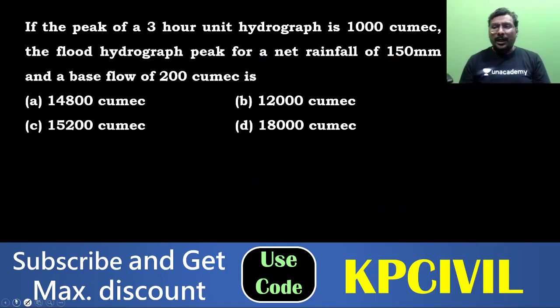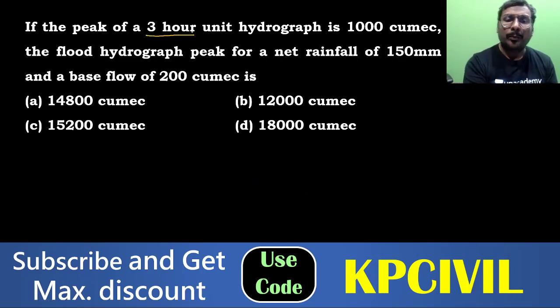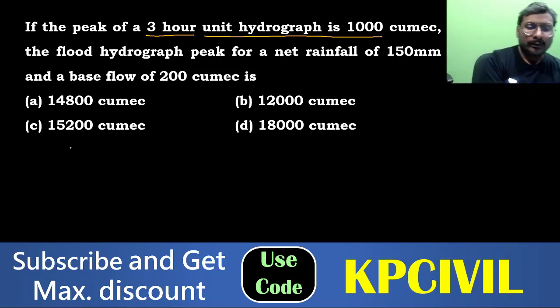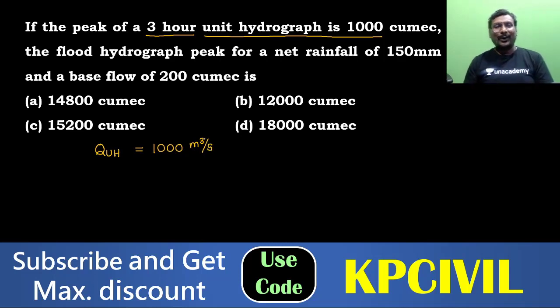If the peak of 3-hour unit hydrograph is 1000 cubic, write down, QUH is equal to 1000 meter cube per second.